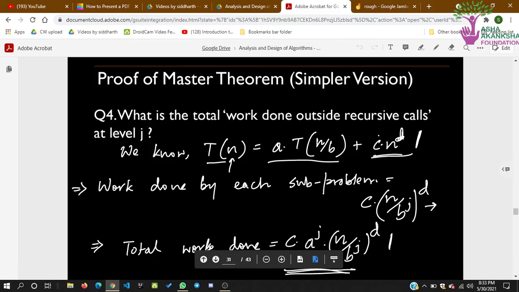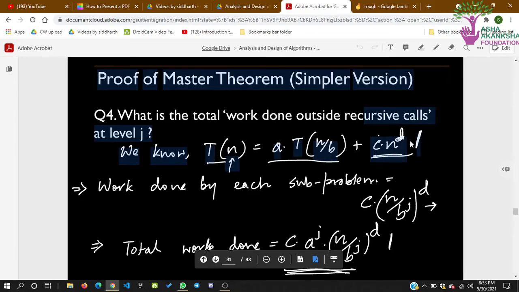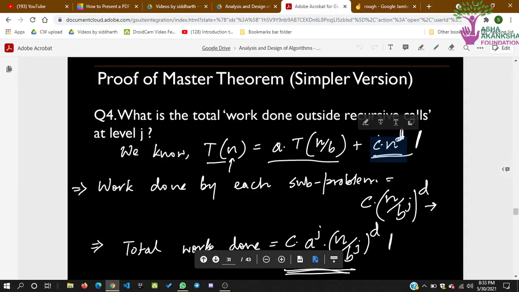Now what is the total work done outside of recursive calls? We know this formula. This formula is just a simple universal formula. In this case, the work done outside the recursive calls, I explained, is this particular part c into n raised to power d. So at any level j, the value of n becomes n by b raised to power j. Why?